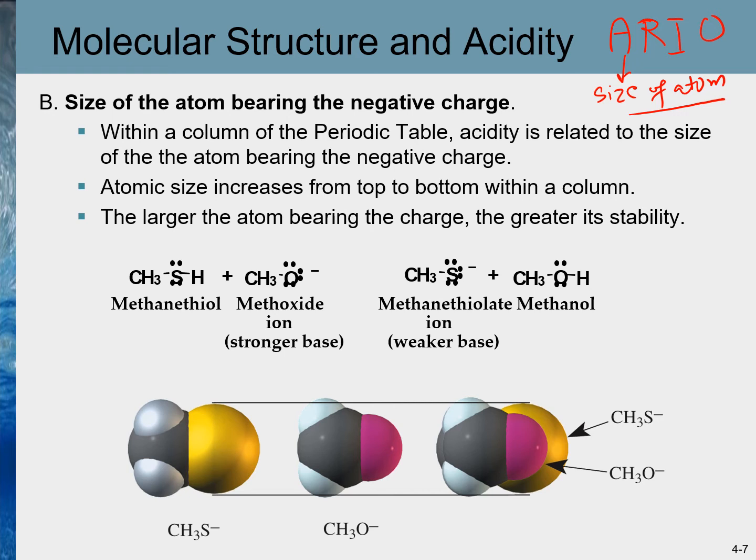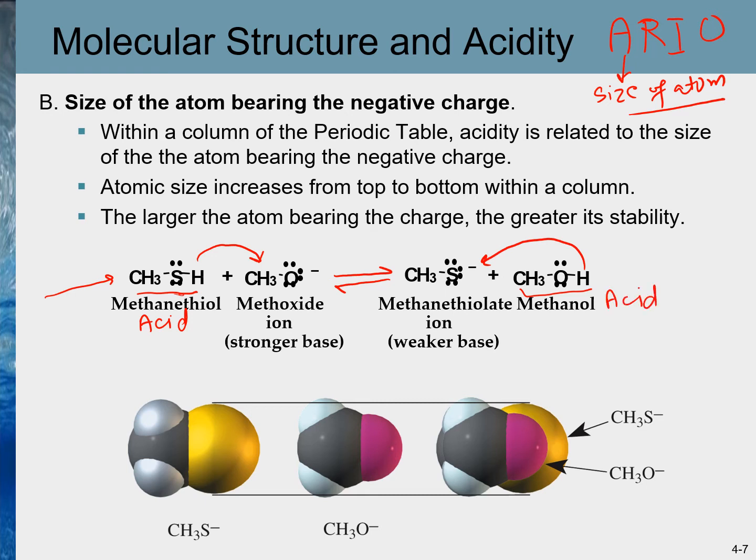So for example, in this case, we have a reaction between two organic compounds in the forward direction. The sulfur compound is donating the proton, so therefore it is an acid. This compound, this is thiol, is an acid. In the reverse reaction, the alcohol is donating the proton, so therefore methanol is an acid.